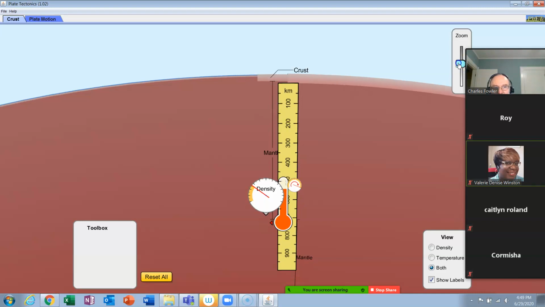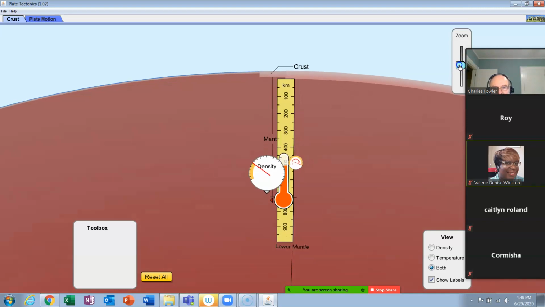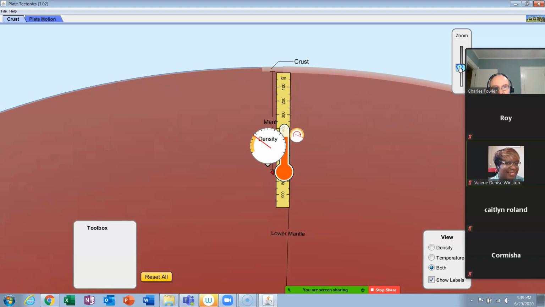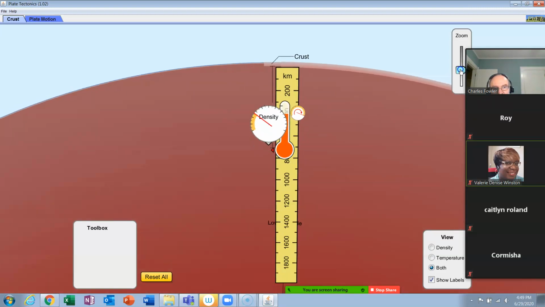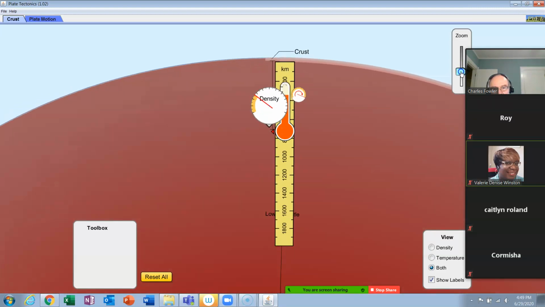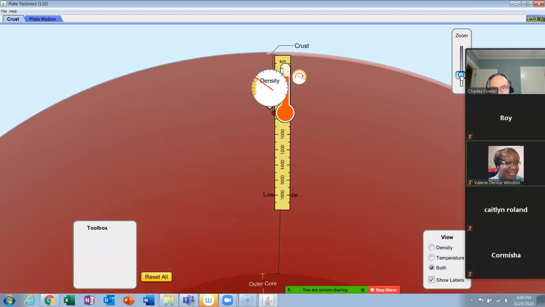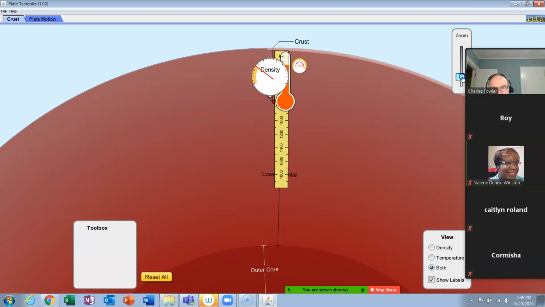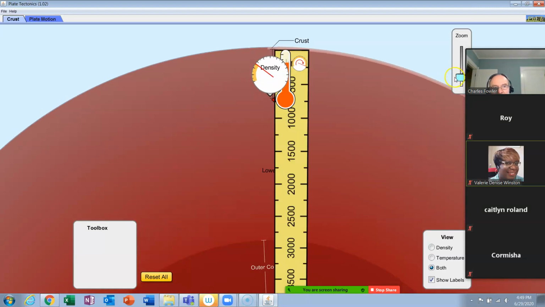Okay. So we're going to continue down through the lower mantle until we get to the outer core. Whoa, it's way down here, isn't it? Oh, there we see it. But I have to keep going until the ruler expands. There we go. It didn't say the bottom of the crust, just the crust.